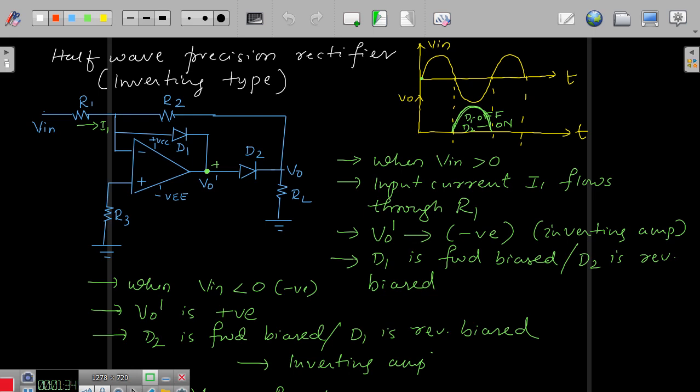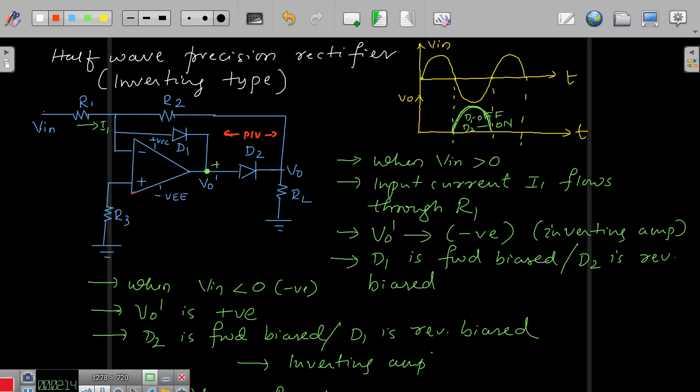One is the peak inverse voltage, the maximum reverse voltage which can appear across the diode, which should generally be double the voltage VEE or VCC. If your operational amplifier is working with a supply voltage of 12 volts, then the PIV should be at least 24 volts.